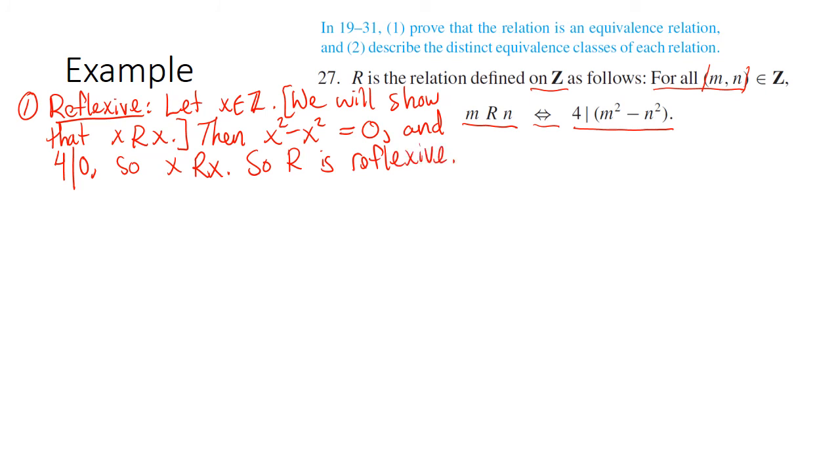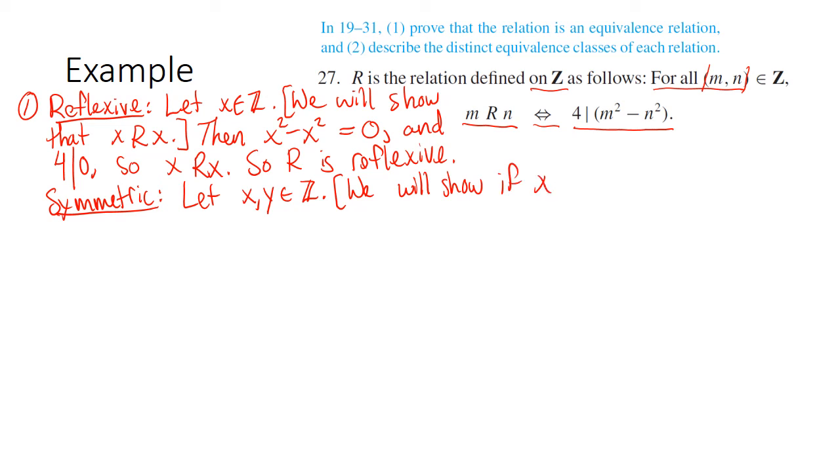Okay, now let's do symmetric. Now I need 2 elements in my set. So let x and y be elements of Z, and we will show the following: if x is related by r to y, then y is related by r to x. I'm trying to show an if-then statement, so I'm going to assume the if part.